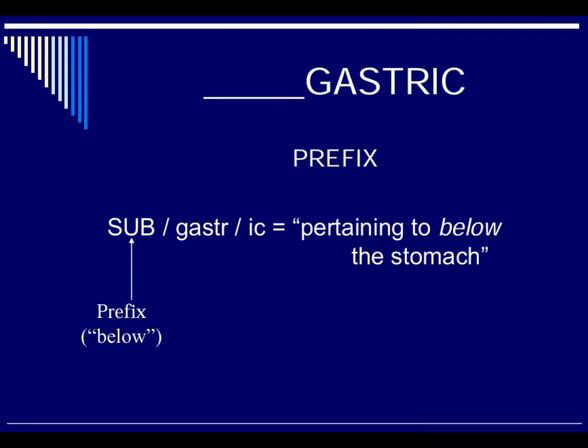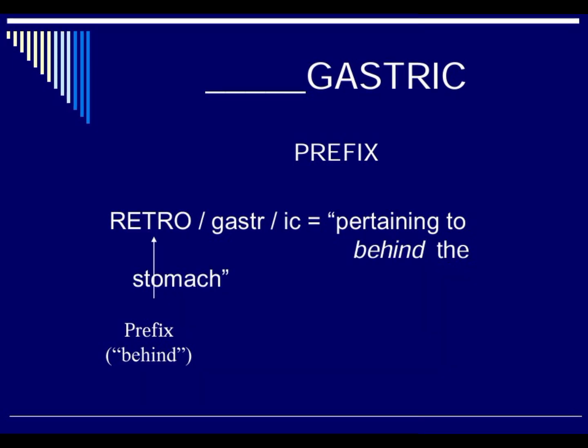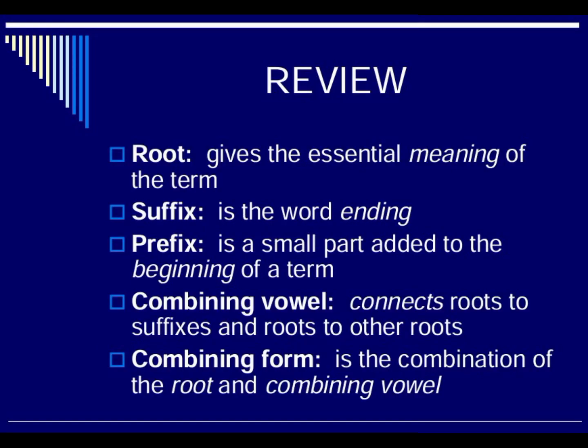The term subgastric means pertaining to below the stomach. Another example, transgastric. Trans means across. The whole term means pertaining to across the stomach. Another example, retrogastric. Retro means behind, pertaining to behind the stomach.